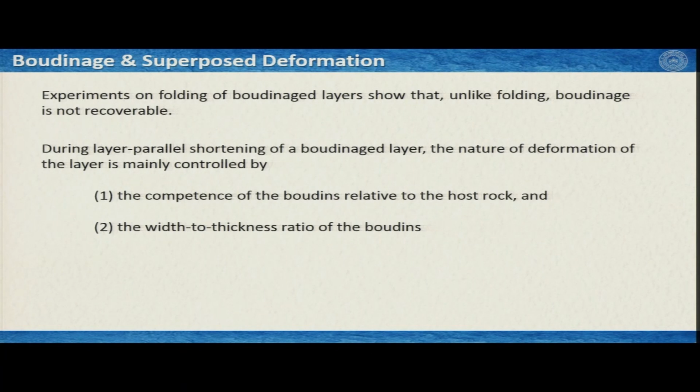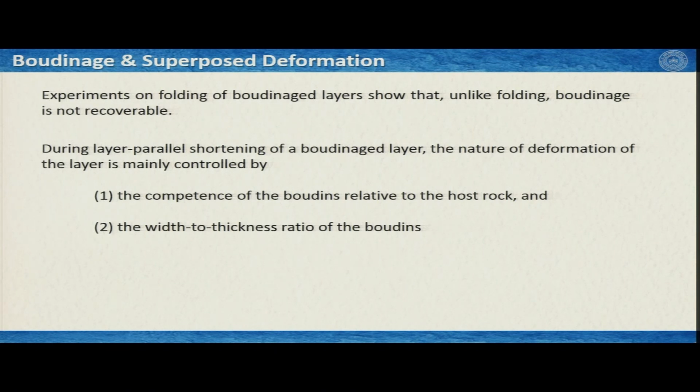But during layer parallel shortening of a boudinaged layer, the nature of deformation of the layer is mostly controlled by, one, the competence of the Boudins relative to the host rock, and two, the width to thickness ratio of the Boudins. So, these two are the main reasons that you can think of.